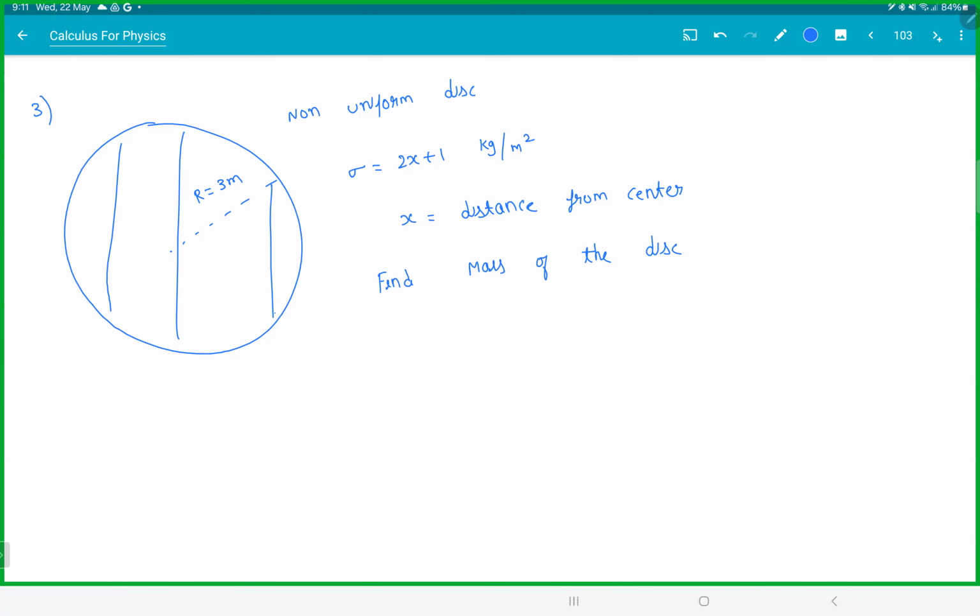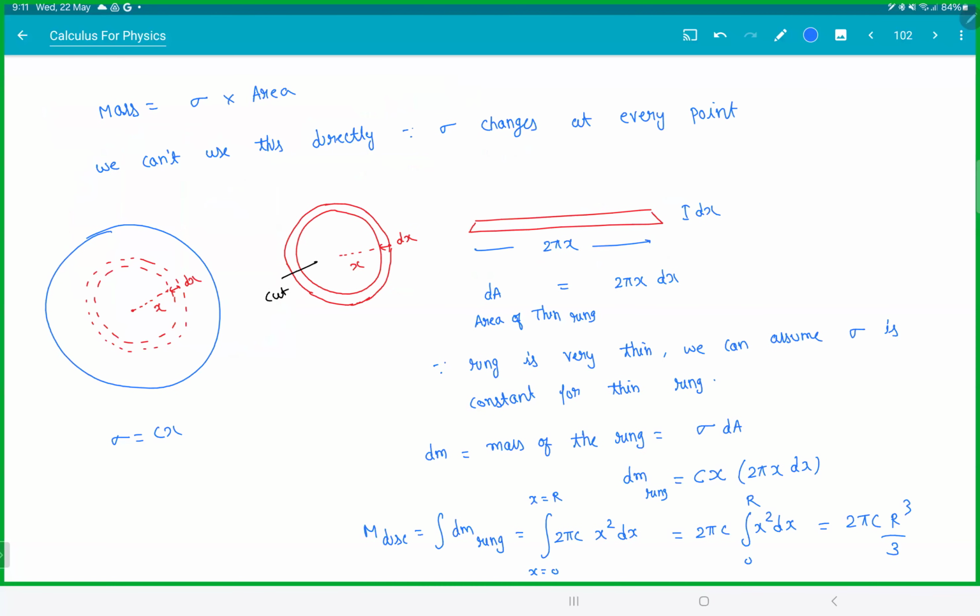Let's get this. I'll show the reference. You can just put down this: sigma is this and R is 3. You need this much data. Have a look at this and try to solve. The only difference will be that here, where sigma is there, this will become 2x plus 1. That is the only difference.